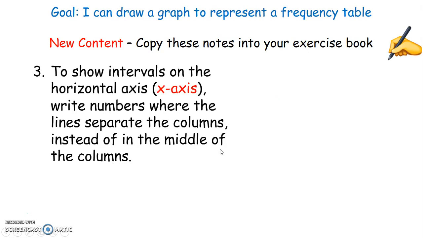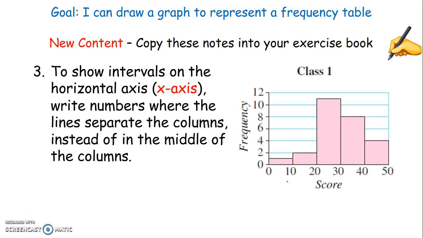The third thing that I would like you to write down is to show intervals on the horizontal axis, or the x-axis. We write the numbers where the lines separate the columns instead of in the middle of the columns. If you think back to the graph before, the numbers are in the middle of the columns.